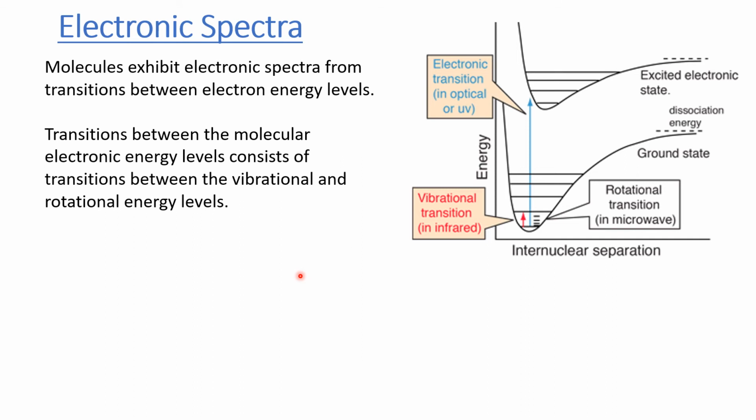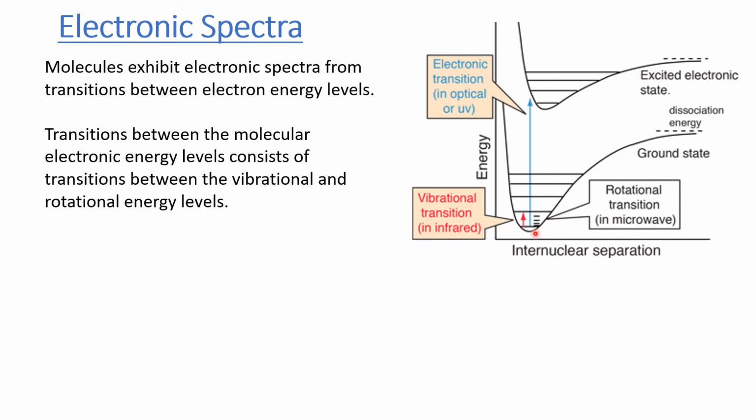After discussing the rotation and vibrational spectra, now we are going to discuss the electronic spectrum. You have to keep in mind that in one electronic energy level, there are multiple vibrational energy levels. And in one vibrational energy level, there are multiple rotational energy levels. It means that one electronic state consists of multiple rotational and vibrational energy levels.